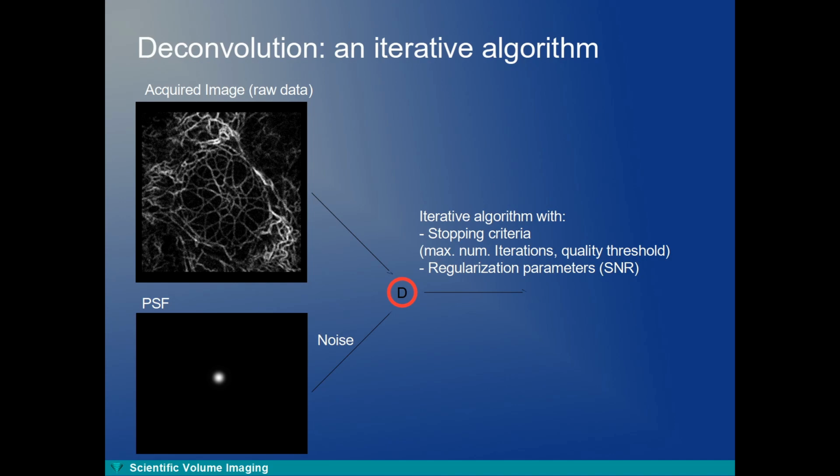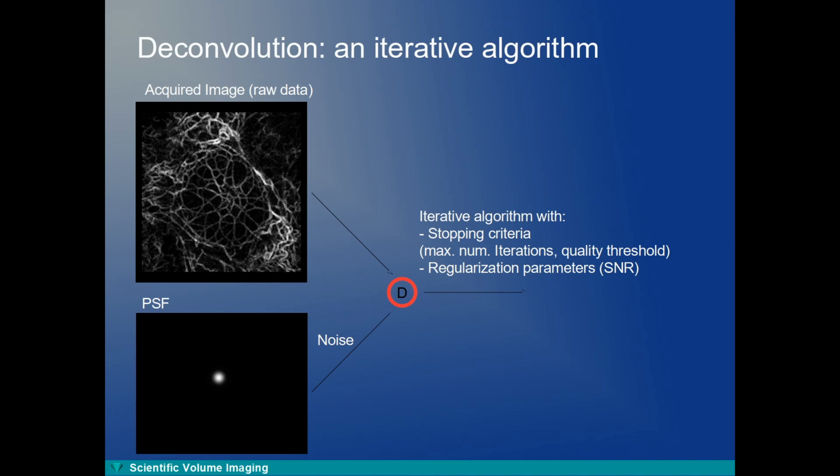Then to do the deconvolution, very simply said, we divide the acquired image by its PSF to get the result. Of course, we also need to take into account noise that was added during the acquisition.